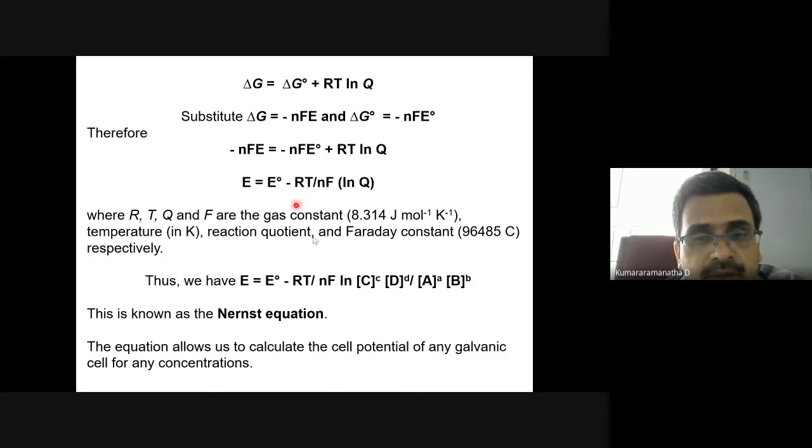What we have done from here to here is just include the reaction coefficient as products' concentration divided by reactants' concentration. That's all. This form is referred to as the Nernst equation.